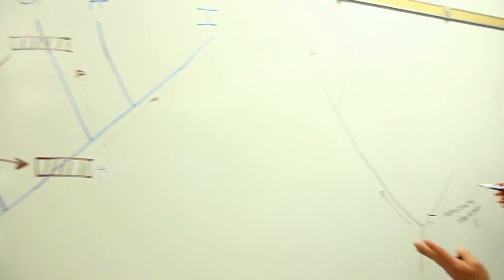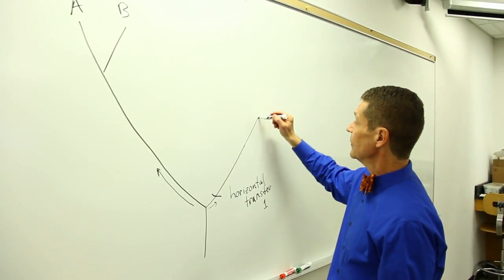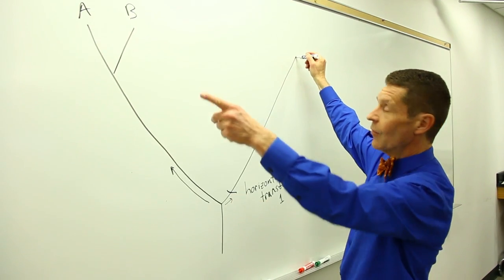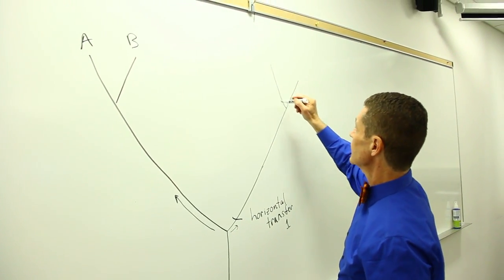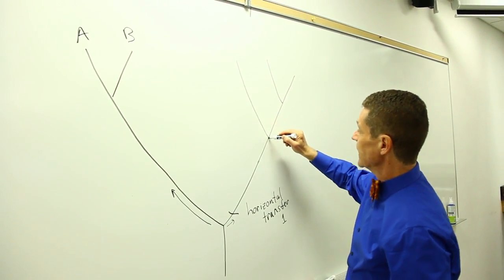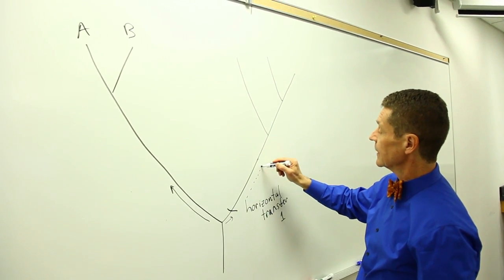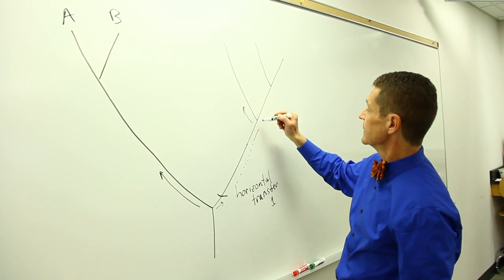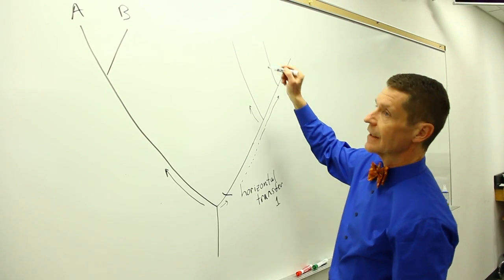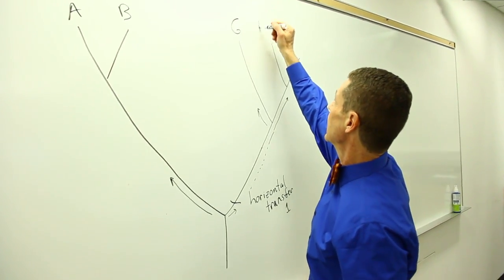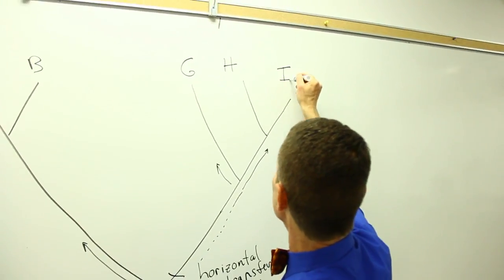So GHI also appear here in the same order because that gene is being passed vertically, splits, changes on that line, changes on that line, G, H, I.